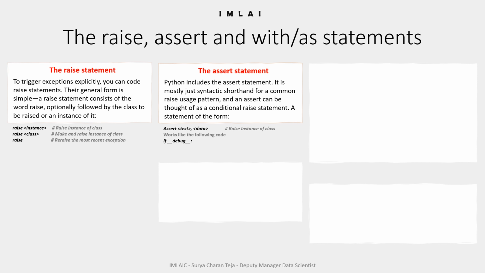The data item is used as the exception's constructor argument. Like all exceptions, the AssertionError exception will kill your program if it is not caught with a try, in which case the data item shows up as part of the error message.